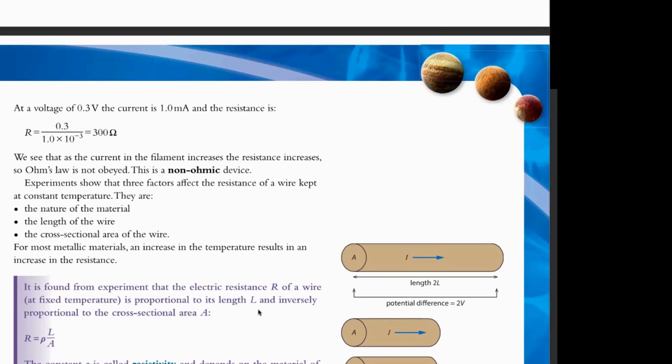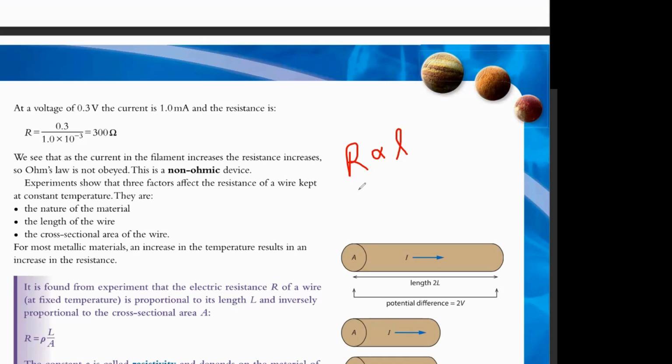And those aspects are: resistance is proportional to the length of the conductor. That means when you have a longer length of conductor, the resistance will be more.